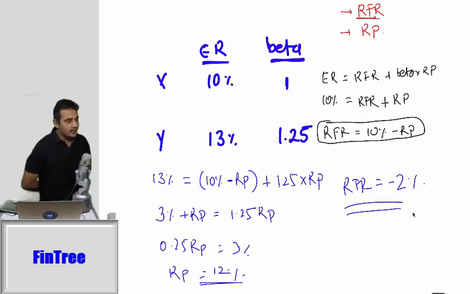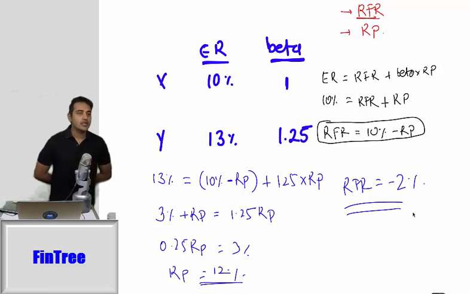Keep your x1 as 1 and y1 as 10. x1 as 1, y1 is 10. Then keep your x2 as 1.25 and y2 as 13. And then say second 8 and search for A directly, A. So it will give you minus 2.